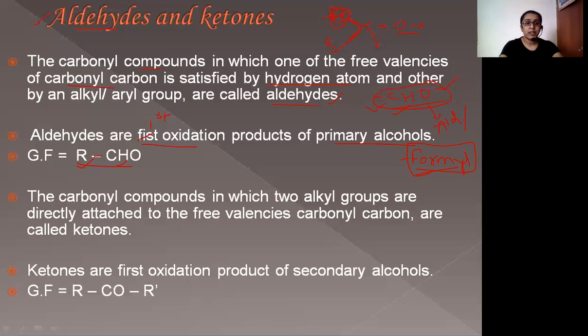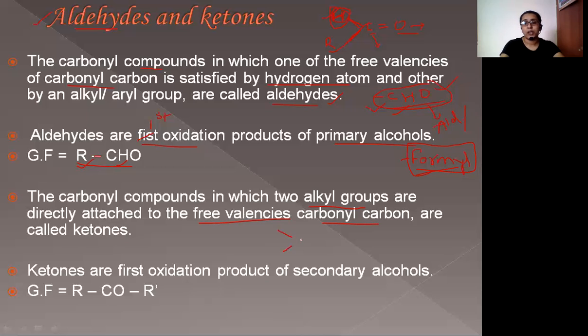Okay, now what are ketones? So these are the carbonyl compounds in which 2 alkyl groups or aryl groups or one alkyl, one aryl, okay, are directly attached to the free valency of carbonyl carbon. That time they are ketones.